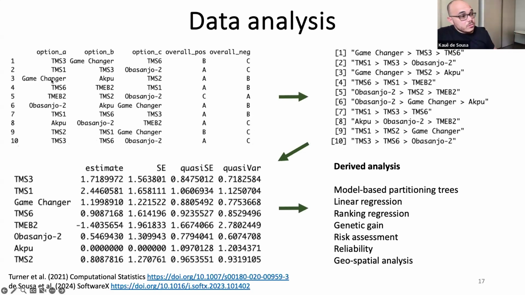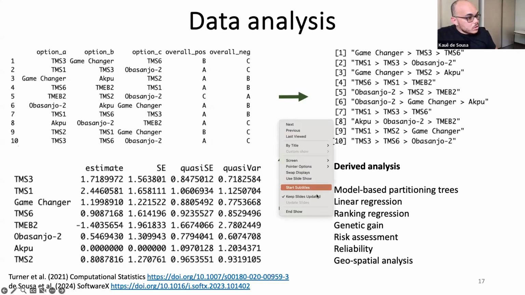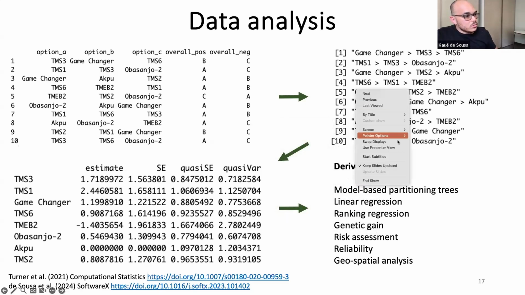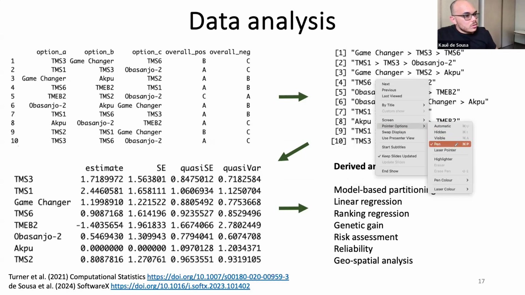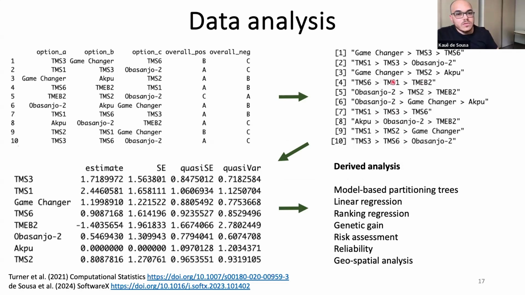Basically, the data analysis framework works like this. You have the data here, and then you have the codes for the best and the worst, as the farmers indicated. Then we transform this into rankings, in the second step here. So you have these rankings here.